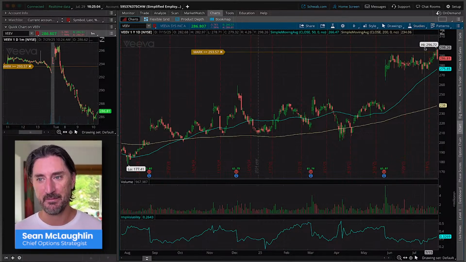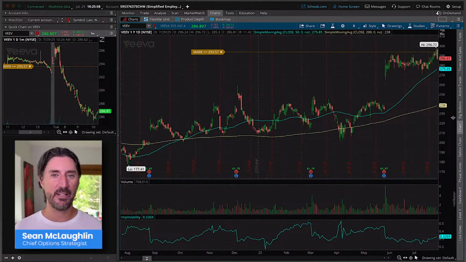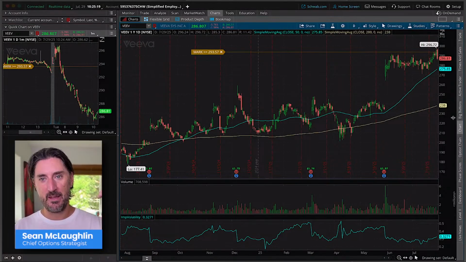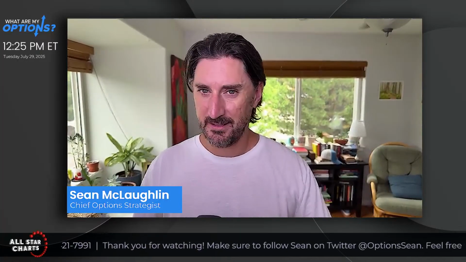Those big round numbers tend to act as a magnet. We've seen it over and over again. When a stock gets to 90 for the first time, 91, 92, it's almost an inevitability it's going to get to 100. But here's the thing: stocks don't just go to that big round number and come to a full stop. They tend to overshoot, by 5, 6, 7, $8.